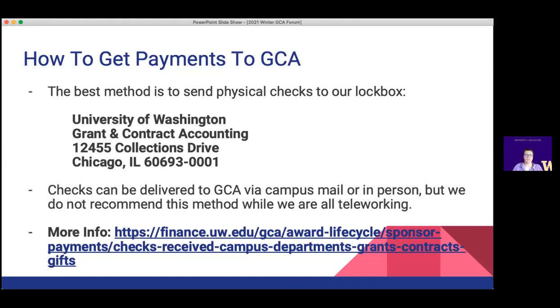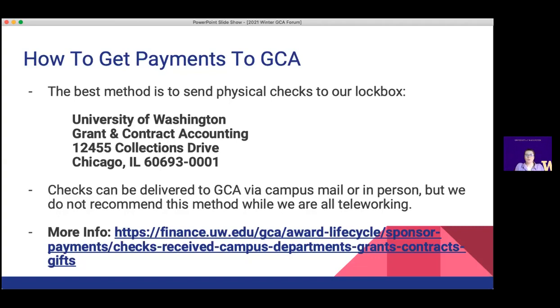It's just a crazy place, but you could probably have better service just by regular US mail to Chicago, which is purposefully selected because it's in the middle of the country. In case anybody was wondering why the University of Washington would have a lockbox in Chicago, Illinois. That really is probably the very best place to get a payment to. If a sponsor asks, that's what we would say.